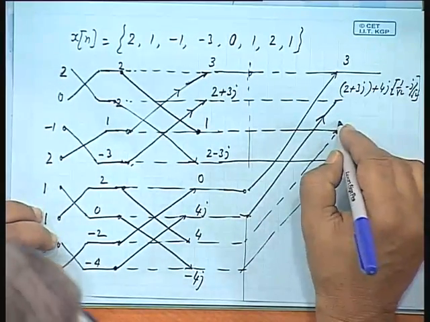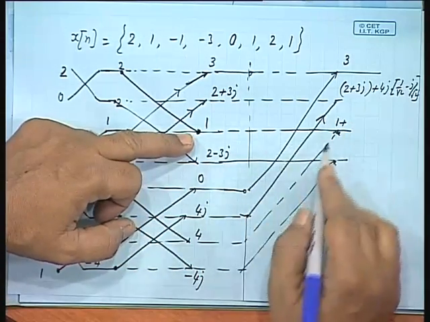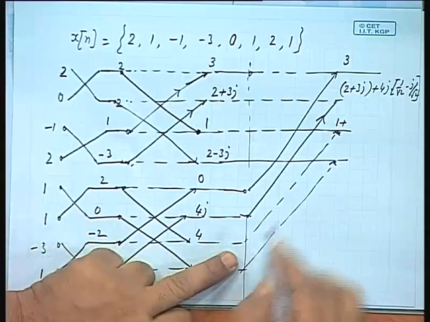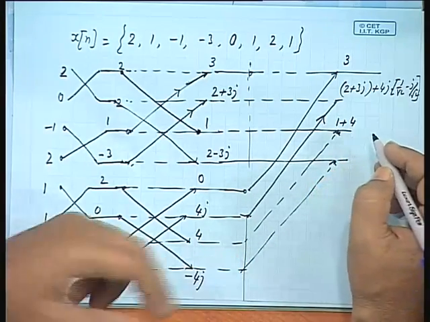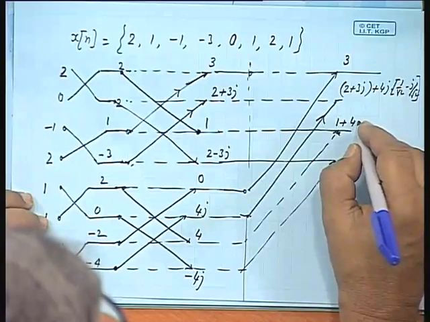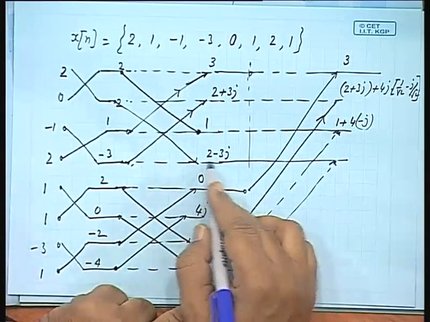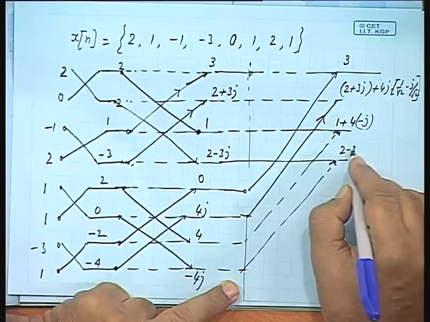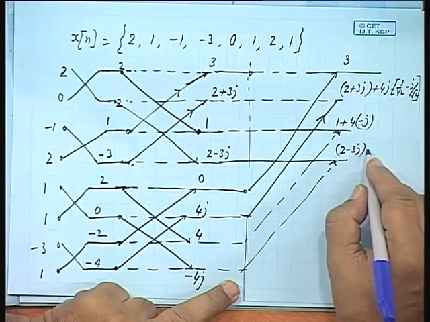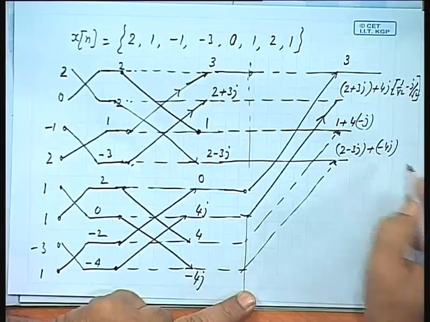This one, it will be 1 plus, third one 1 plus 4 into how much? 4 into minus j, and this one will be 2 minus 3j plus minus 4j into minus 135 degrees.